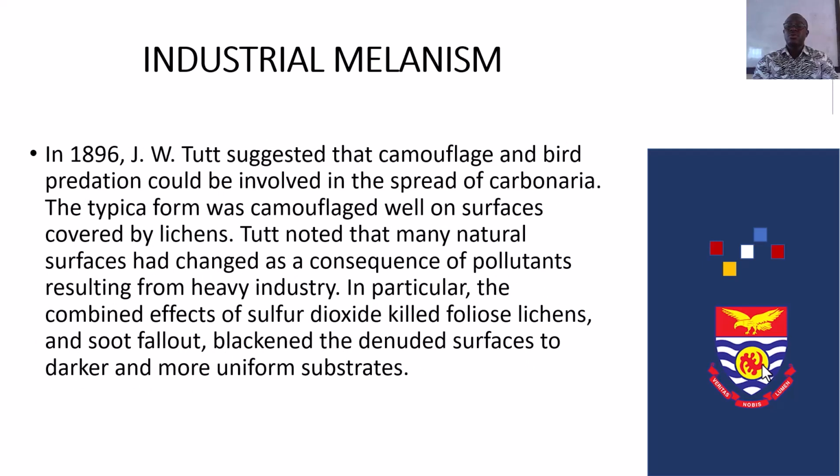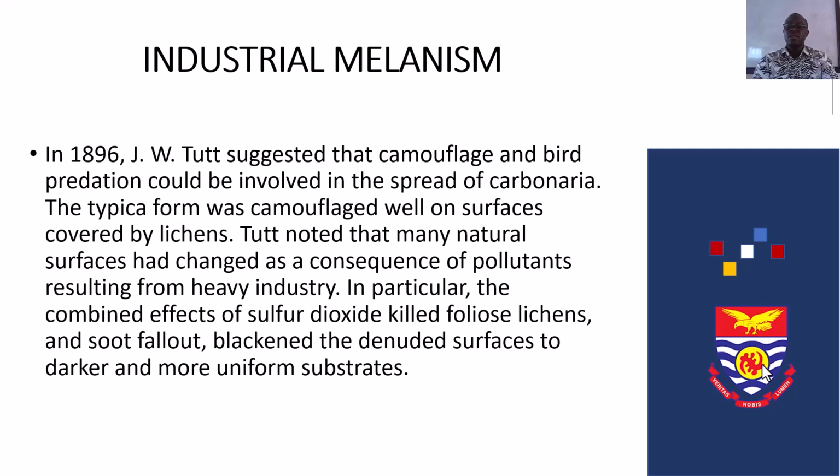In 1896, J.W. Tutt suggested that camouflage and bird predation could be involved in the spread of carbonaria. The typical form was camouflaged well on surfaces covered by lichen. Tutt noted that many natural surfaces had changed as a consequence of pollutants resulting from heavy industry.